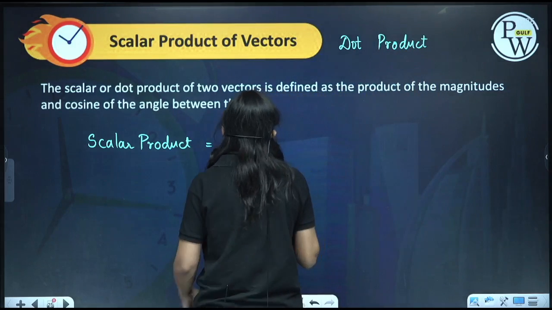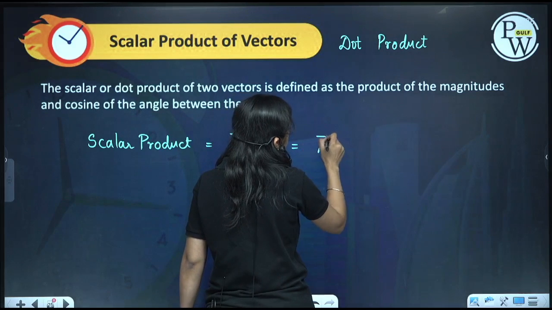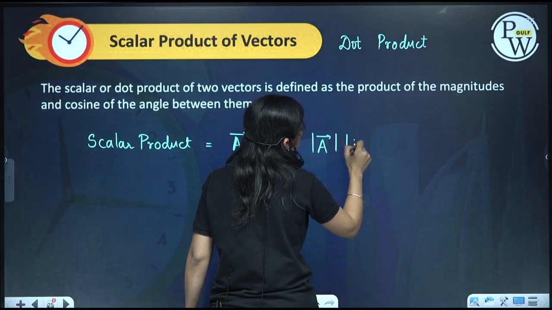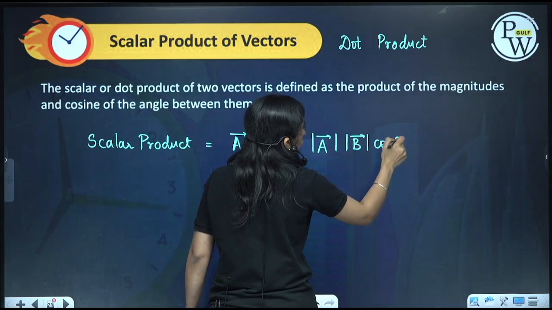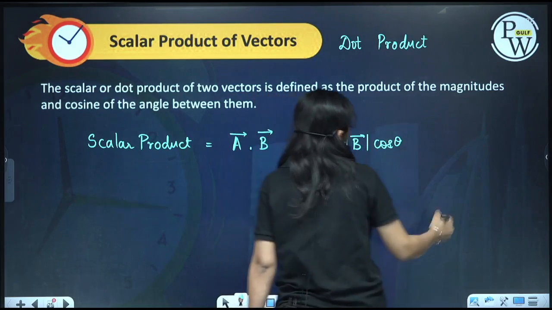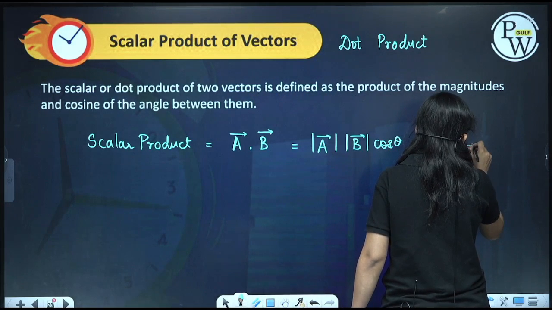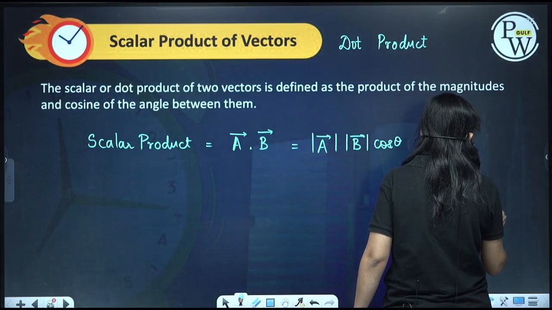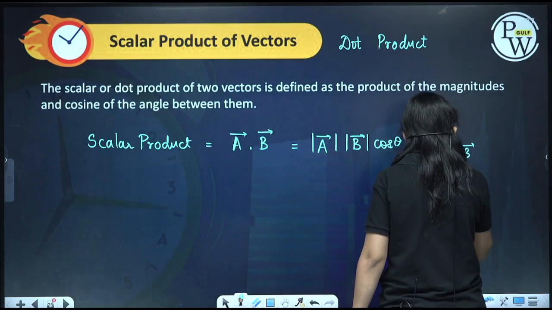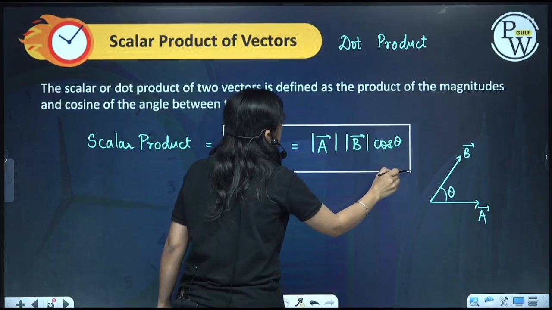A dot B is equal to the magnitude of A multiplied by the magnitude of B multiplied by cos of the angle between them. This is my A vector and this is my B vector. The angle between them is theta. Then A dot B is equal to AB cos theta.